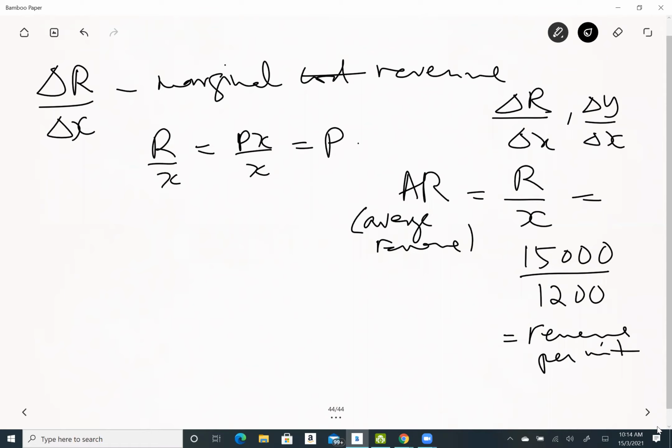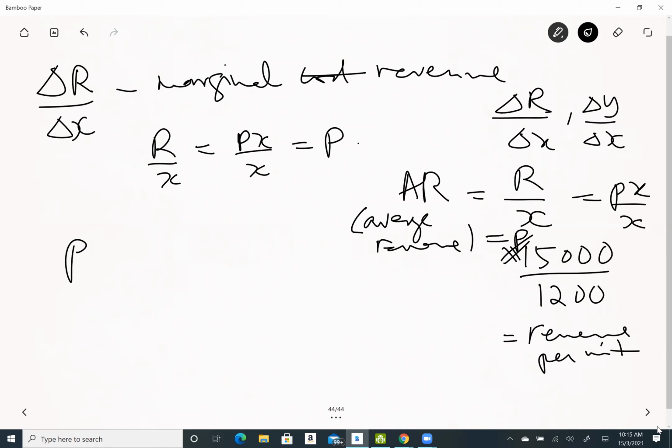Now average revenue is R over X, average revenue per unit. That is equal to PX divided by X. So what is it equal to? P. Equal to P. So the price is very special here, or the slope.